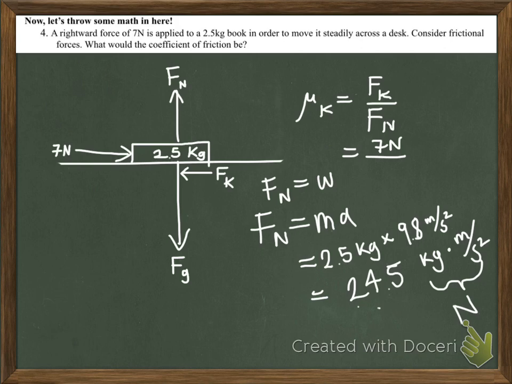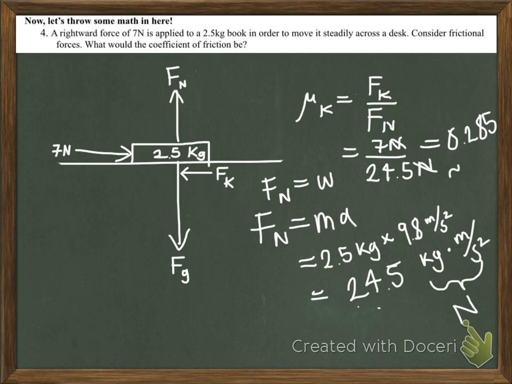Now we can go ahead and put it back into our equation. So we have 24.5 newtons, and the newtons cancel out. That makes sense because the coefficient, mu, is actually unitless. It's a coefficient, so it has no unit. Let's do this division: 7 divided by 24.5 gives us 0.285, and again, it has no unit.